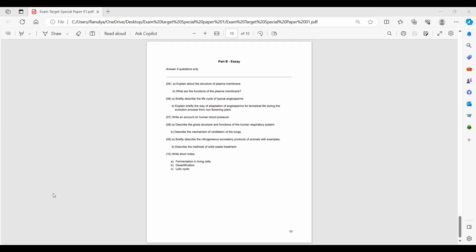Next point, hypotension. Next point, sustained reduction of blood pressure below normal limits.